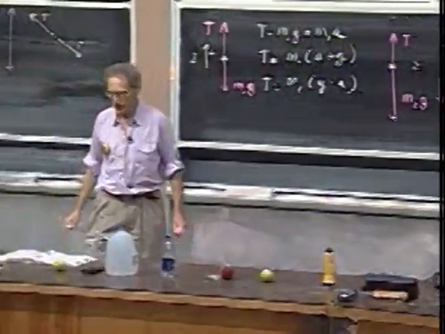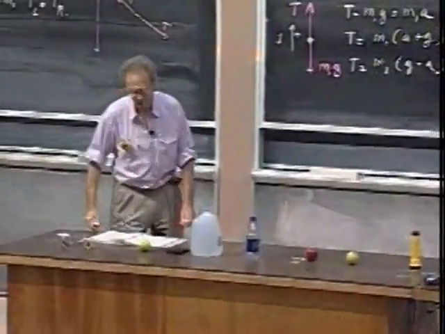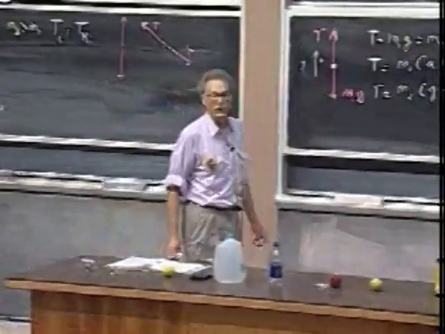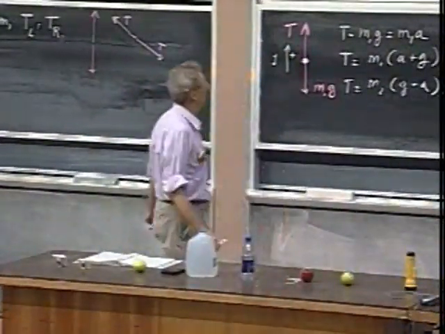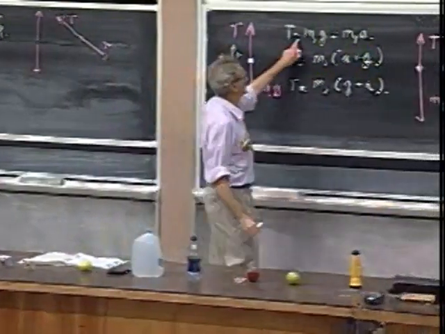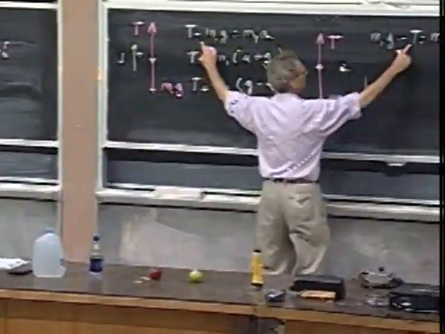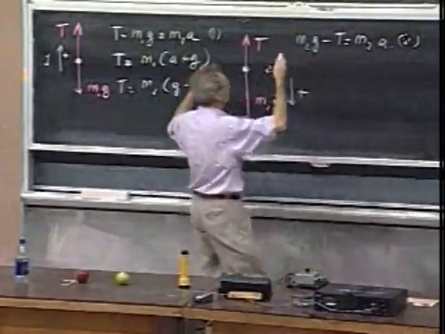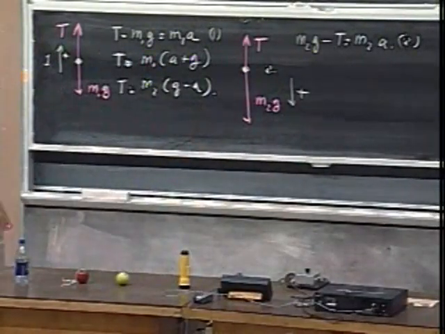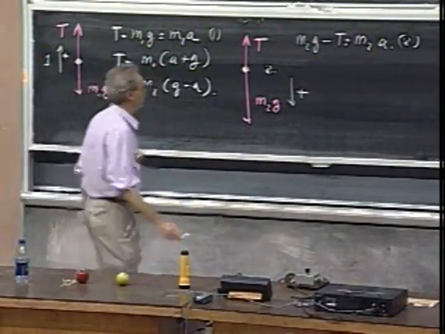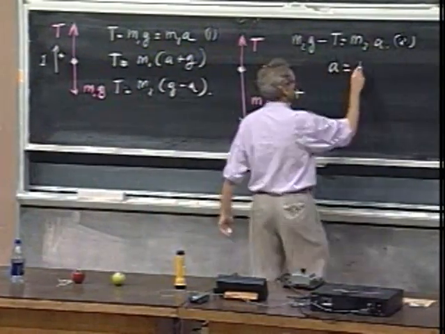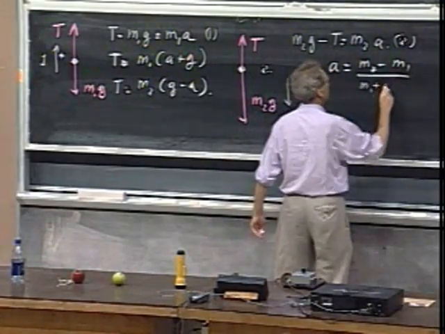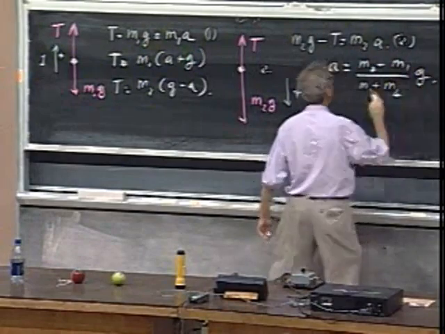Two equations with two unknowns. Well, that shouldn't be so hard to solve. You can immediately eliminate T, by the way. If you add this one with this one, I call this equation 1, and you call this equation 2, you immediately lose your T, and you get that the acceleration a equals m2 minus m1 divided by m1 plus m2 times g.